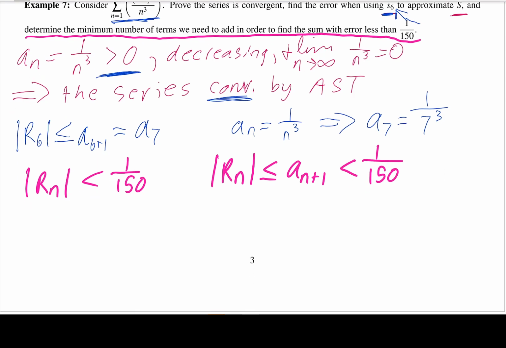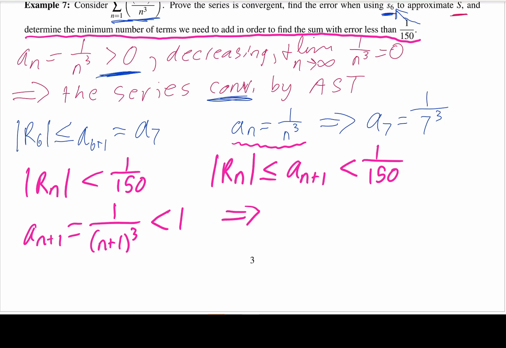Okay, well a sub n plus 1 has to be 1 over n plus 1 cubed. Right, I just got that from plugging into our a sub n formula up here. So we want this to be less than 1 over 150. So that would mean that 150 has to be less than n plus 1 cubed.